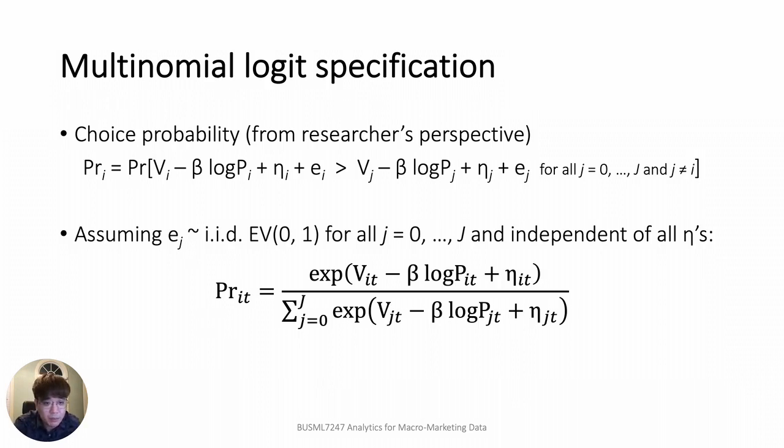This means the probability value can be simply computed if we know the values of the variables in the formula. Second, the formula is simple and intuitive. The denominator is a simple sum of the numerator across all possible options. In addition to the brand subscript, now we have time subscript t in the equation.